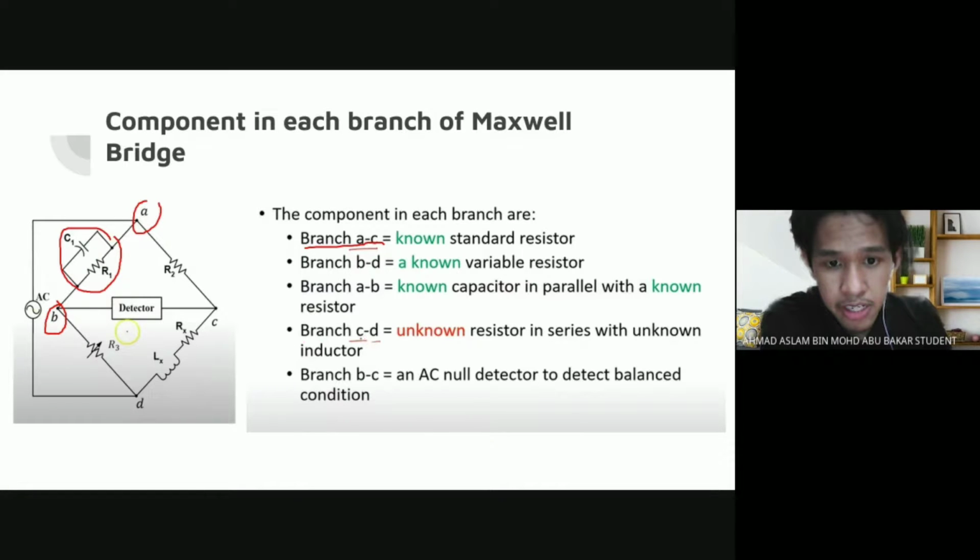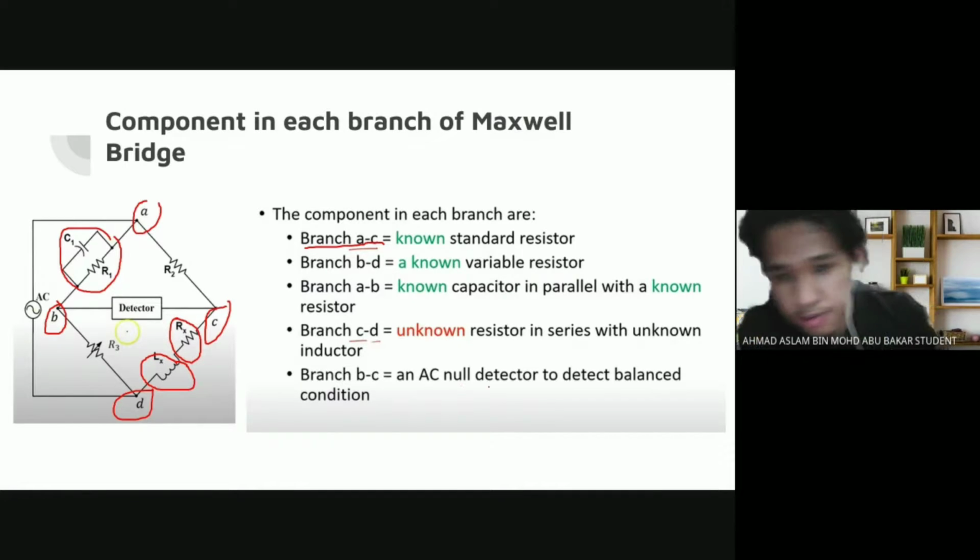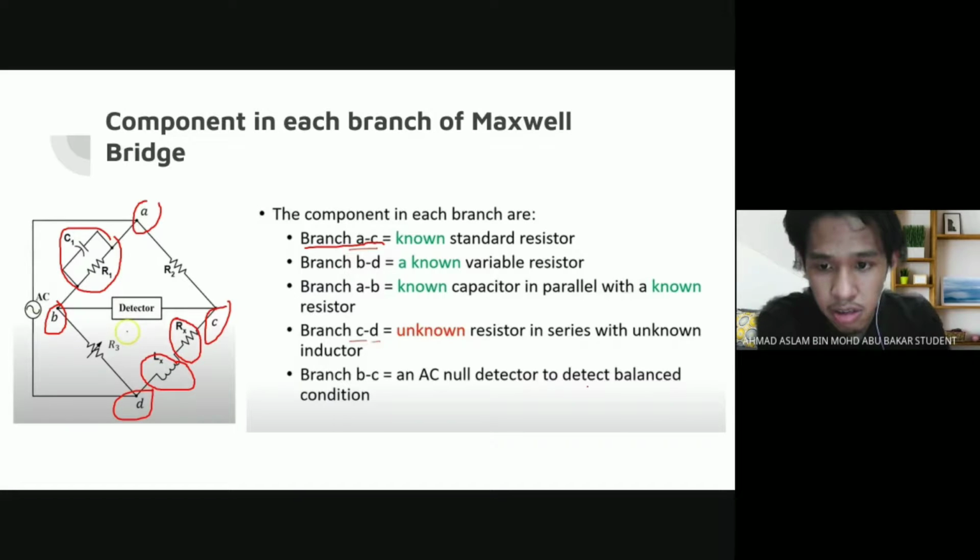For the branch C to D, an unknown resistance in series with an unknown inductor. And lastly, branch B to C and AC null detector to detect the balance condition.